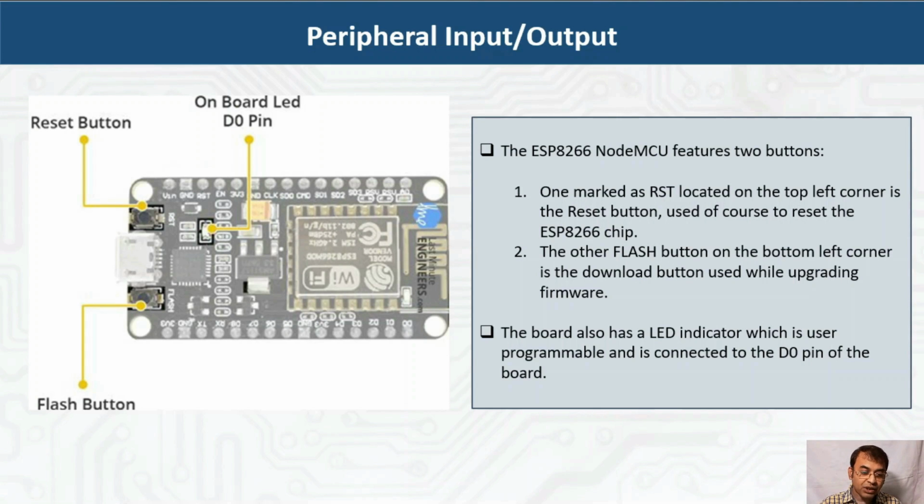The other, the flash button on the bottom left corner, is the download button, and it is used while upgrading firmware. The board also has an LED indicator, which is user programmable and is connected to the D0 pin of the board. It has an inbuilt LED within this board.